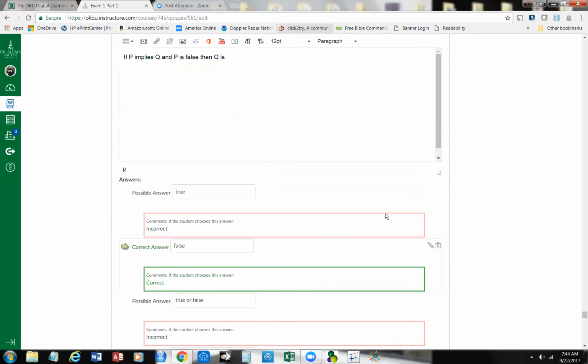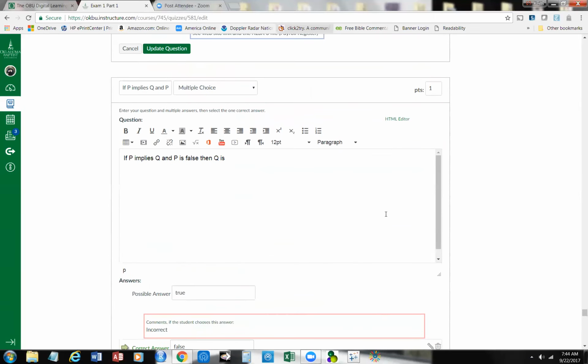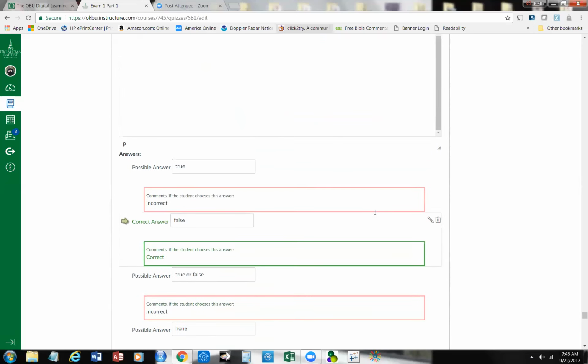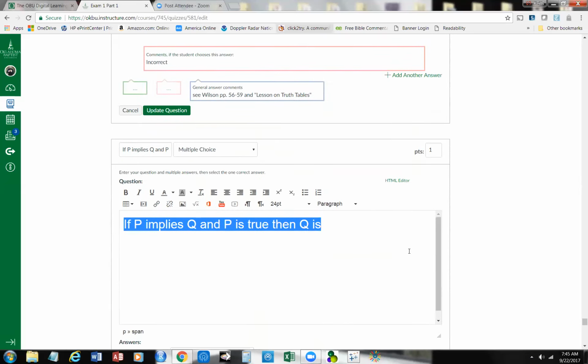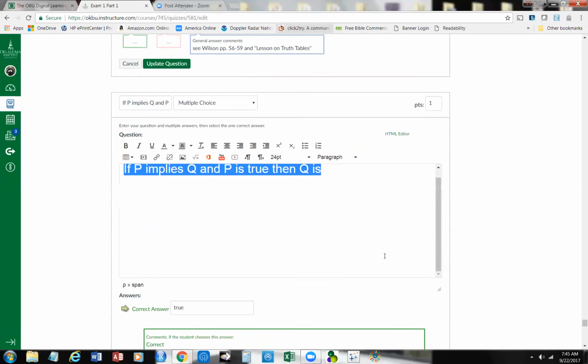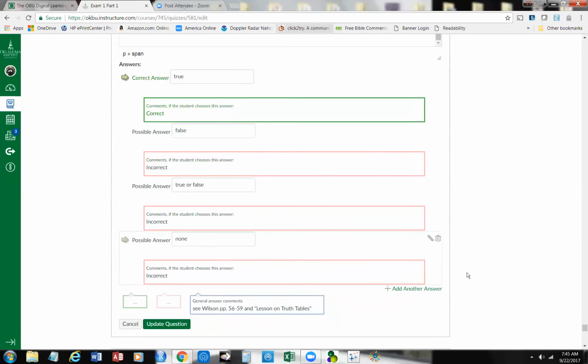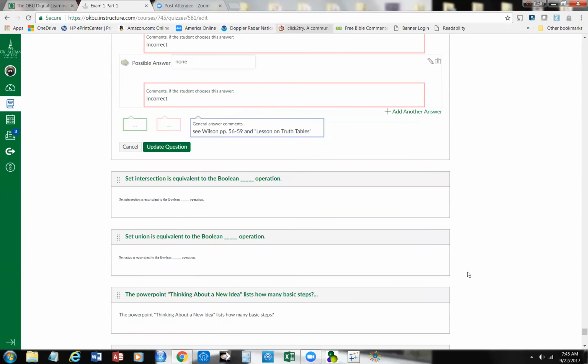Just like if P is false and it implies Q, then Q is false. Now, in this case, this is implication. If P implies Q, P is true, then Q is true. Why? Because P implies what Q is. And again, I tell you, the Wilson text, we don't use it, but the lesson on truth tables, that's over there.